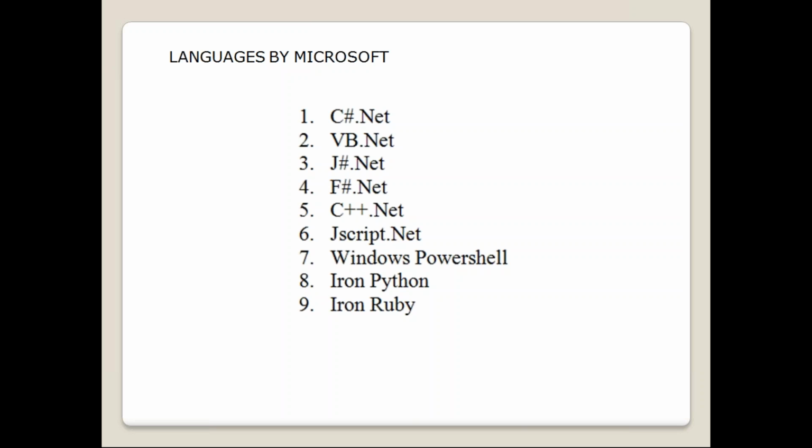Even though .NET is developed by Microsoft, it supports programming languages developed by other companies. Except for the first one, the remaining languages are outdated and we are not using them currently. Some companies use VB.NET, but not even 10%. All the companies use C#.NET only.